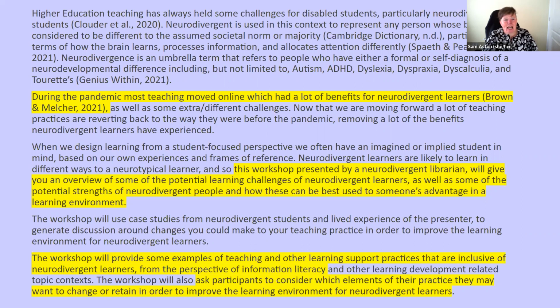So again, the direct and explicit link back to information literacy is present there, but they're also making it very clear to those people who are reading this. So whether you're a delegate who's thinking of attending this session, whether you're a reviewer who's reviewing this abstract as a potential session for the upcoming programme, it's really clear what they're going to be doing and what that link is.